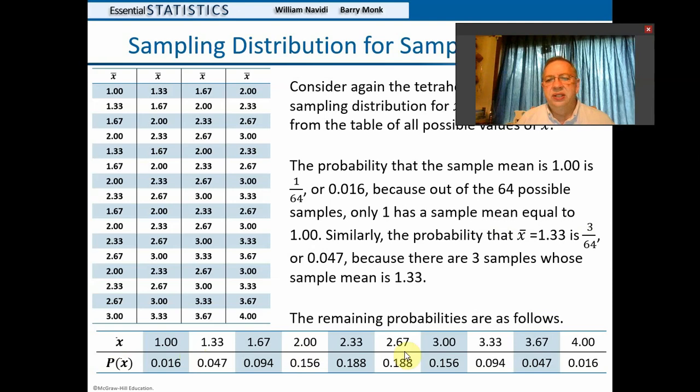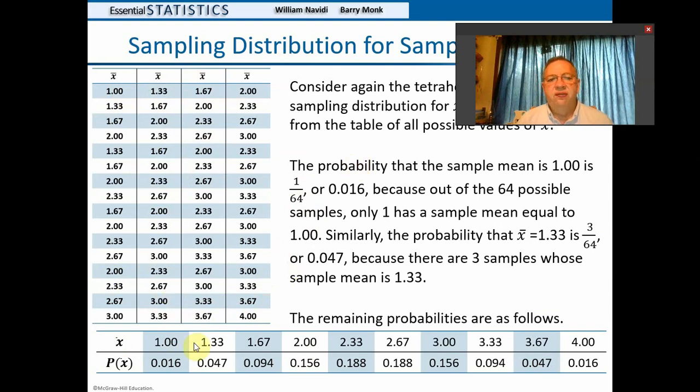So here is the listing. If we go through, we just count them up and then compute the relative frequency, or the probability. That would be the 1 over 64. If we added all these up, there are 64 outcomes in this table, 4 times 16 rows.